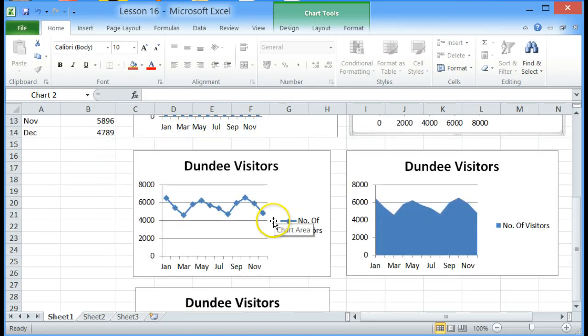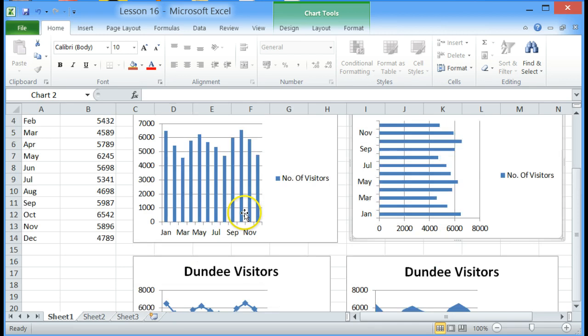Let's look at the line chart as well as the area chart. Here again we will find that these two charts are inappropriate to represent our data because it seems to imply that the data is continuous, which is not the case.